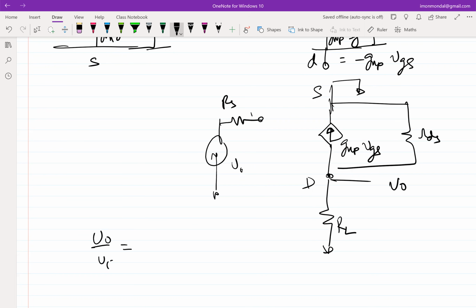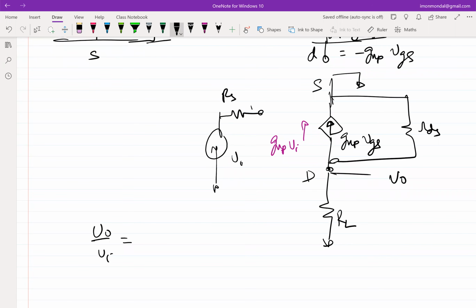This current is GMP times Vi, but you are drawing it up into the ground. So effectively the current that you are drawing from this node is minus GMP times Vi, and you are drawing it out of a parallel combination of RL and RDS. So this becomes RL parallel RDS. Expression-wise, it's identical.